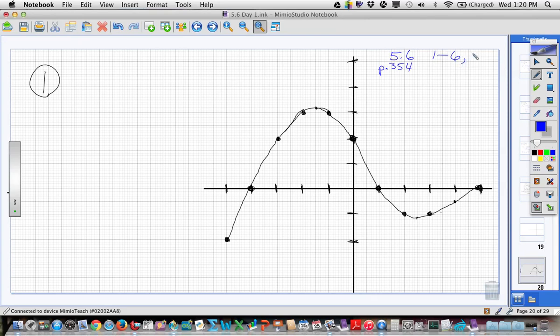So it's 1 through 6, number 7, number 10, and number 16. Okay, so 16 is the one we talked about where you've got 4 parts to it.